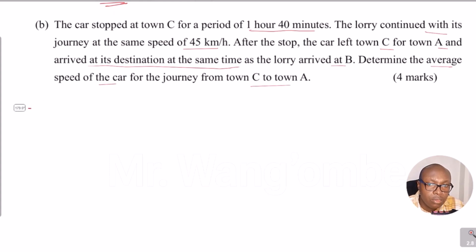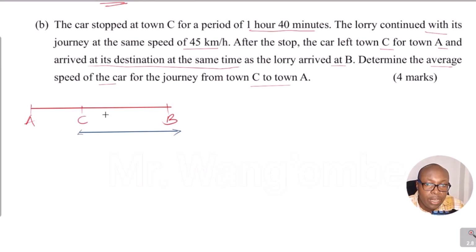So again, I'll draw this one just to explain what is happening here. We have A, then the meeting point, C, and then B. Remember the car is moving in this direction. First of all, the car moved up to the meeting point.